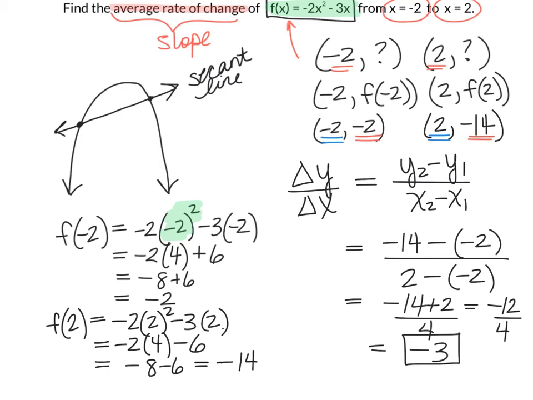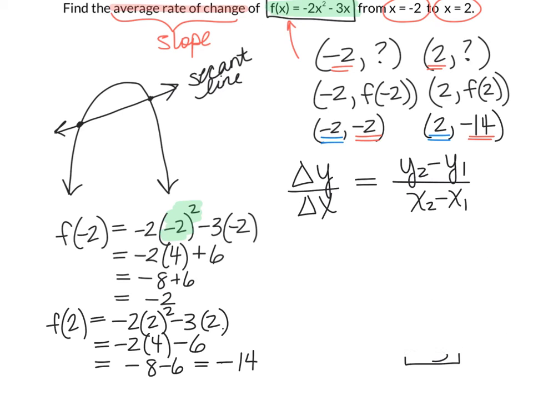Now, I just want to mention, because I know some of my students get confused regarding the order. So let me erase this and just show you if we had done this in the reverse order. So let me switch now and show you what would have happened if instead of starting with negative 14, we started with the y value of negative 2. We are going to still get the same answer.